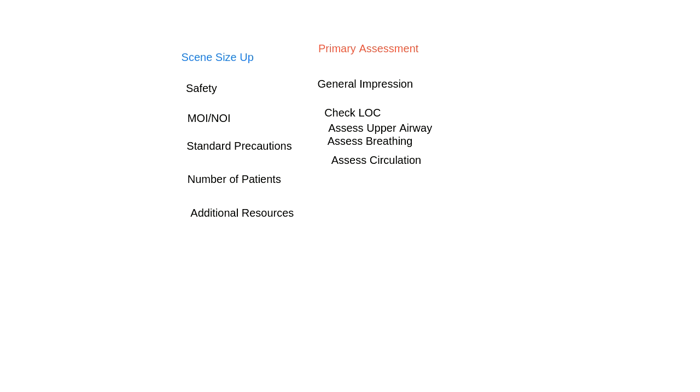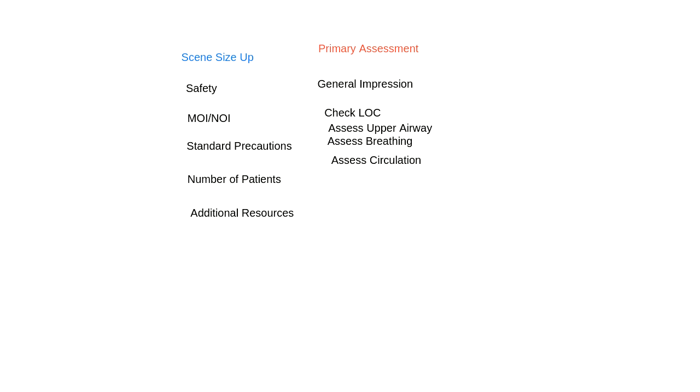It's the first time that you're being introduced to this approach, which is a sequential way of assessing a patient, right? So it's going to take time for you to get used to it, but this is how I want you to be thinking. So when you mention to me that the first thing you're going to do is size up the scene, you need to tell me what you're looking for.